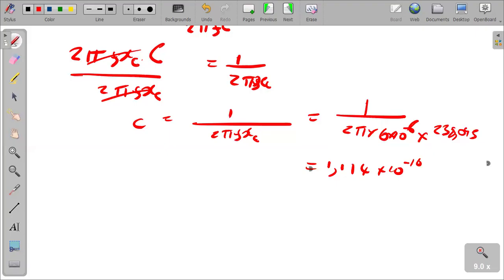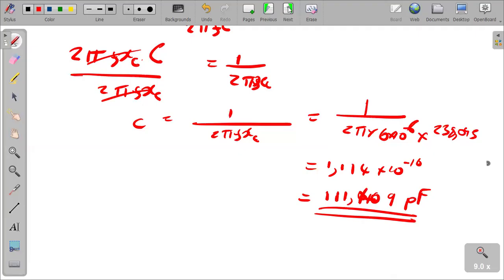But then we want it to the power of negative 12, that's pico. So if we press the ENG button once, we get 111.409, that's 10 to the power of negative 11 now, picofarads. That's our capacitance. We've arrived at that.